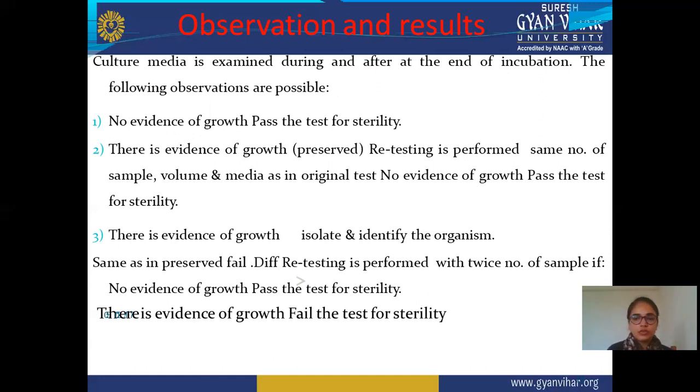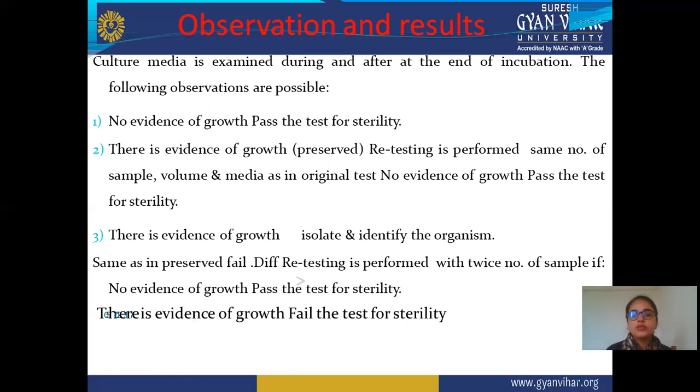If growth is observed, or evidence of some bacteria or fungi, then in this condition your formulation requires a retest, or you perform the test again on another sample. After performing these retests, if no growth is observed, or no bacteria and fungi are present in the formulation, then you can say that your test is passed and the parenteral product is of good quality.